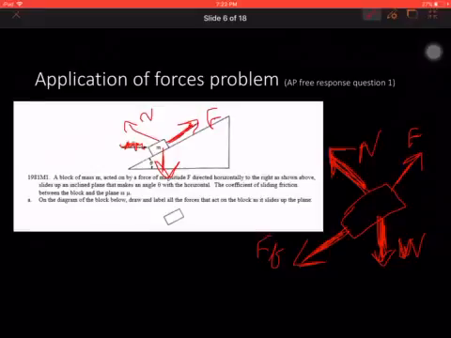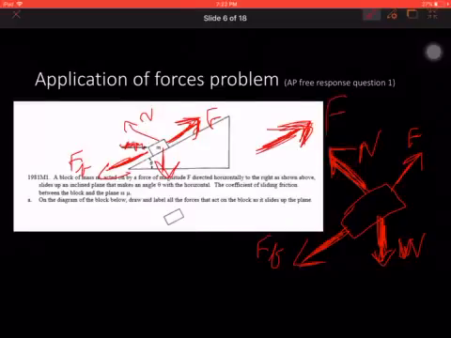This is your normal force, and this will be your friction force. The reason friction is in the opposite direction is because friction is always opposite the direction of motion.